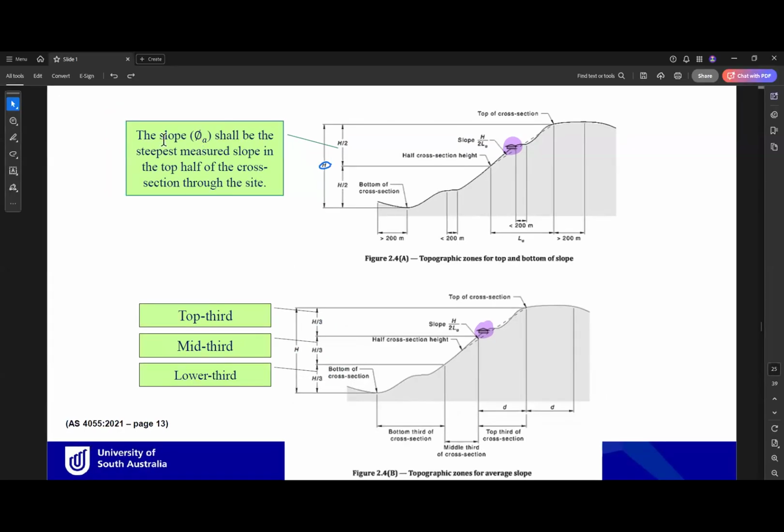And phi is the slope of the steepest measured slope in the top half of the cross section of the site. So this is the slope of this hill. Okay, so this is some explanation or some data needed to find the topographic class.